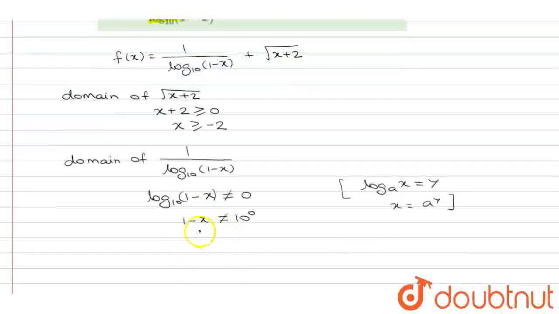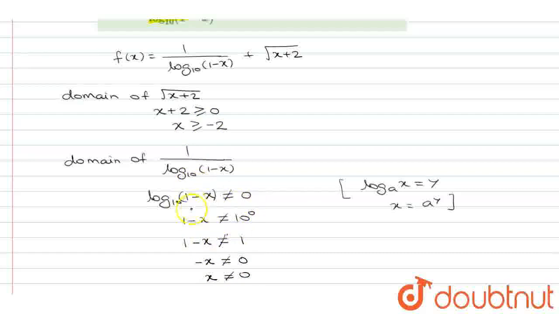So 1 minus x should not be equal to 1, and when we solve this, minus x should not be equal to 1 minus 1, which is 0. So the value of x should not be equal to 0, because at x equals 0 this becomes log 1, and the value of log 1 is 0.